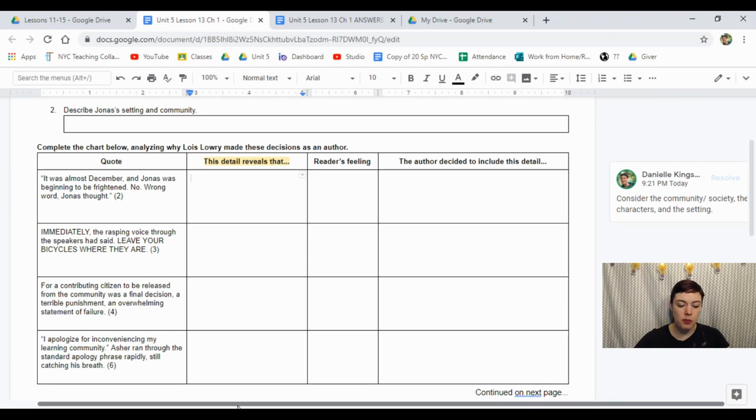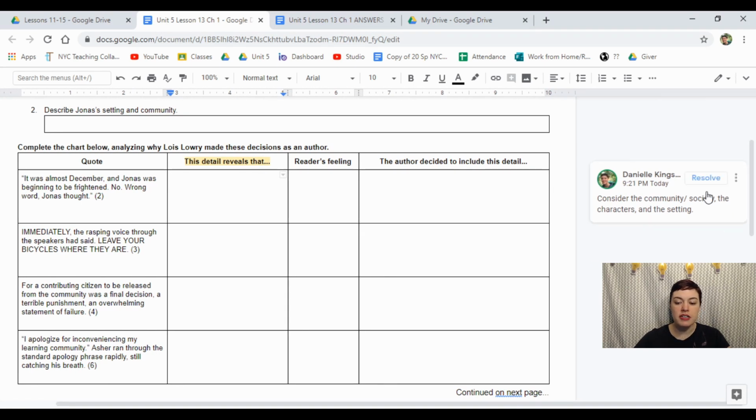So over here, I left a helpful comment that your inference can be something about the community or the society, or it could also be about the characters, or it could be about the setting. Again, this is the exposition section of the book. So we could say that this detail reveals that community members, or Jonas specifically, are self-conscious, you guys know I'm bad at that word, with their words.